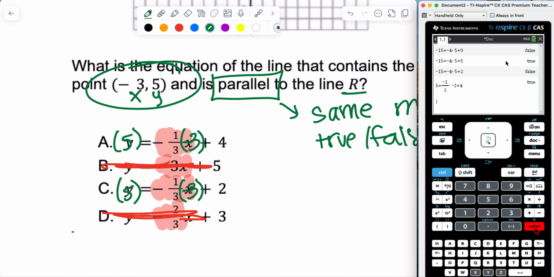Enter. And I get true. So let me try C just to make sure. Parentheses 5 equals negative, control divide, 1/3, then parentheses -3 parentheses plus 2. Enter, and that gives me false. So my only answer would be A.